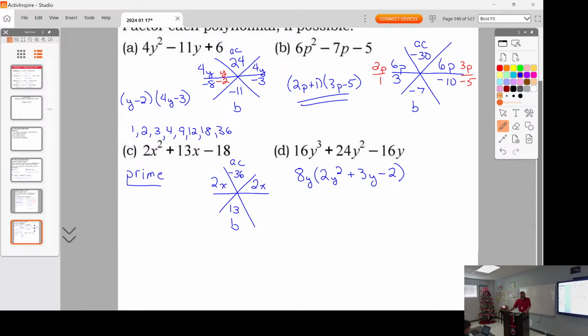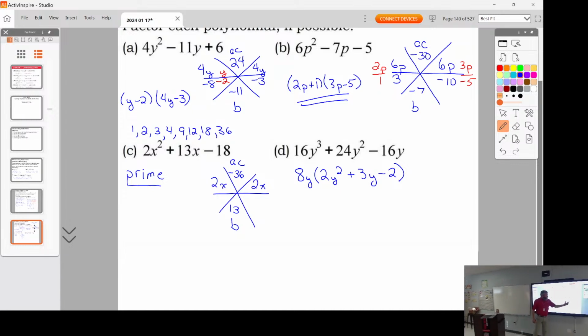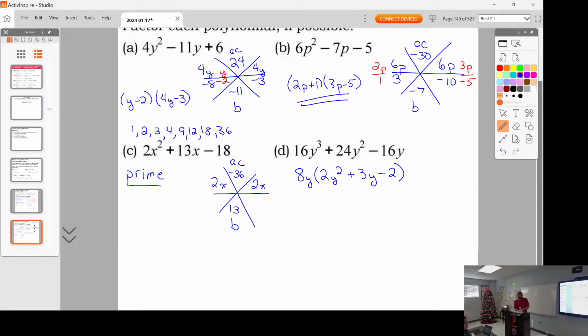Okay, so if you don't see the biggest prime number at first, always ask yourself at this point, was that really the greatest common factor? Okay, so looking at what we have now, does anything factor out of 2y squared plus 3y minus 2? No. So we did take out the greatest common factor to begin with. Now we need to see if 2y squared plus 3y minus 2 factors. Do not forget the 8y in your final answer, okay, because it's going to be there.